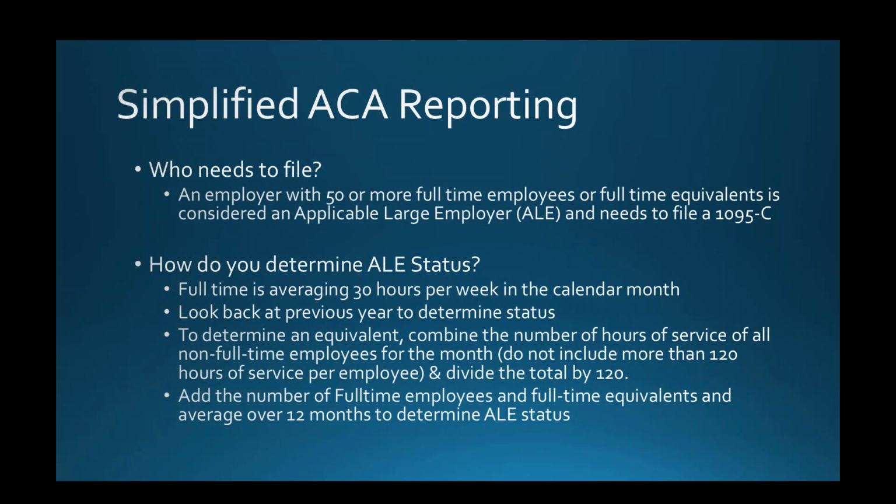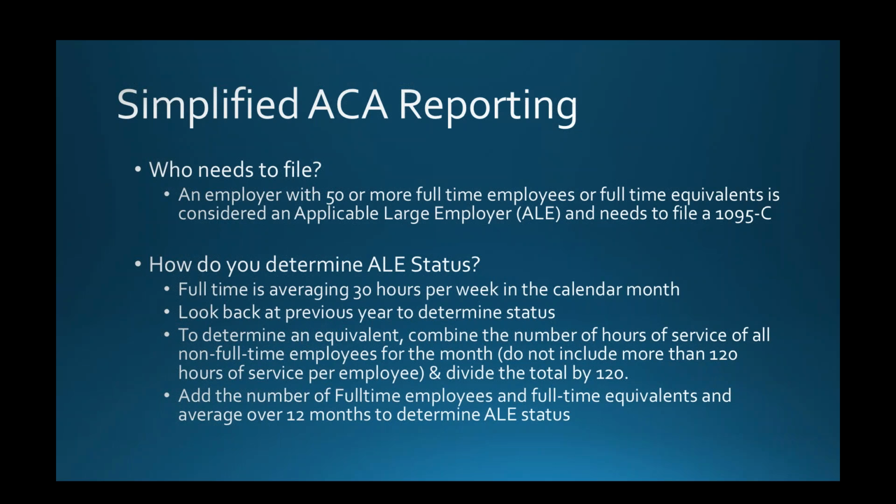Part-time employees, things get a little bit more sticky because there's this thing called a full-time equivalent. It's a question of how many employees add up to an equivalent. If you have two people who are working 15 hours a week, they add up to one equivalent, so it works up to 30 hours. This gets a little bit complicated, so I'll run through it in a different slide in just a second. To determine equivalents, you combine the hours of service of all non-full-time employees.